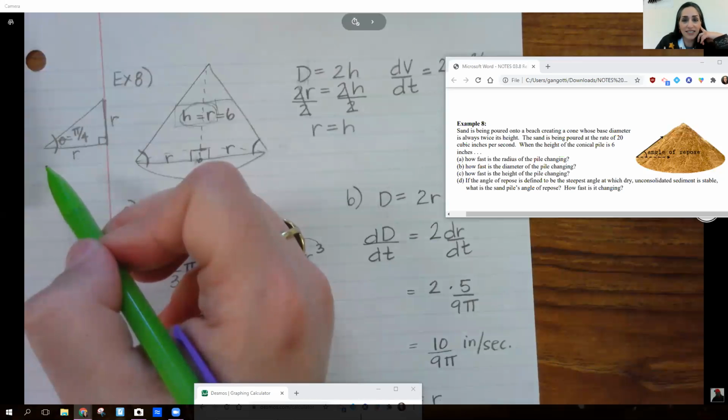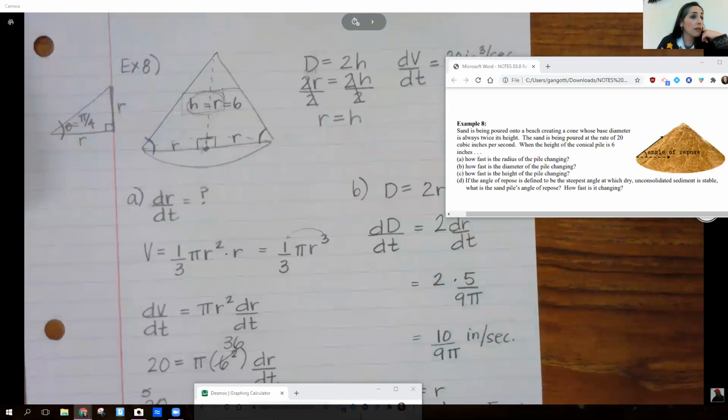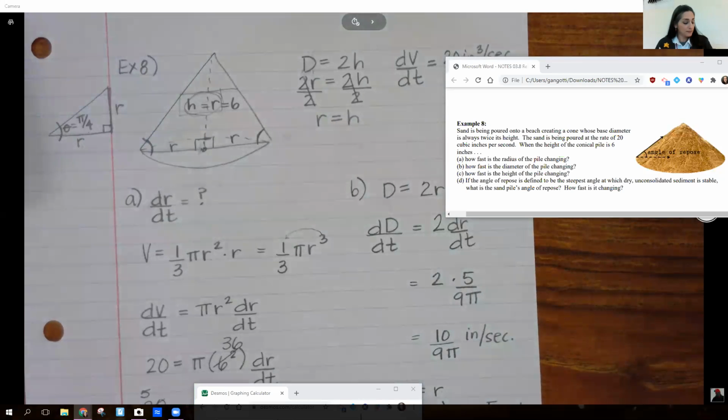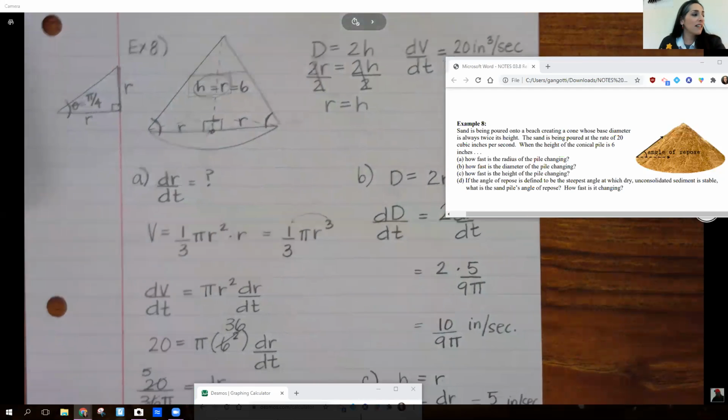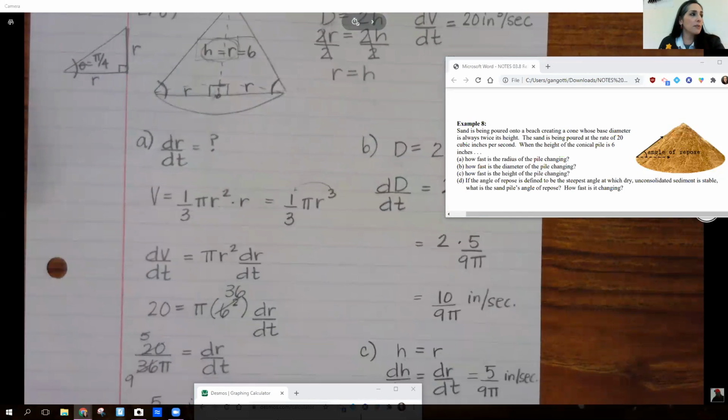It's not. d theta dt is 0. It's not changing. Okay. Good. Very good. That's usually one that's a little challenging. Okay. Any questions before I move on to example number 9?